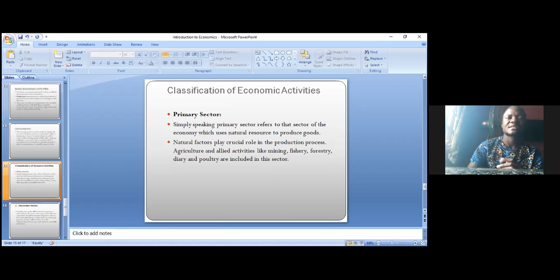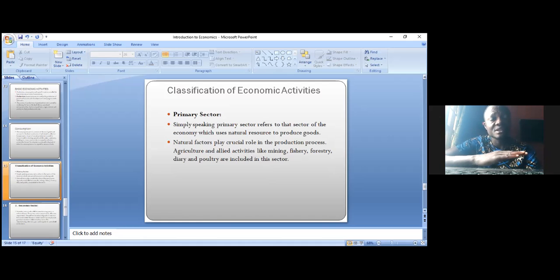From the primary sector, you can now move on to the secondary sector. That's where you convert the primary resources, those goods you extracted from farming or from mining. You use it to manufacture something. That's the secondary sector. Then you move on to the tertiary sector.